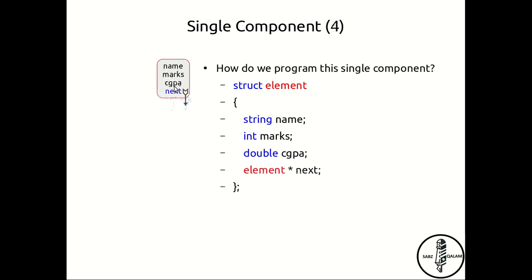You can have a pointer by the name of next, which can point to the next element. Now this arrow, which is indicative of a pointer, is no more outside this element structure, it's actually present inside. And this pointer is represented by this name next.